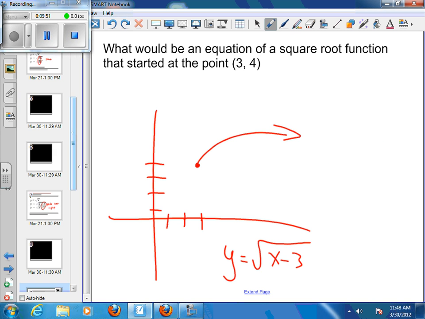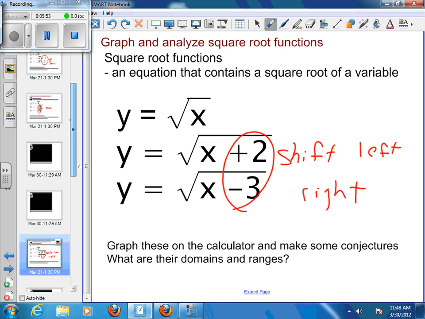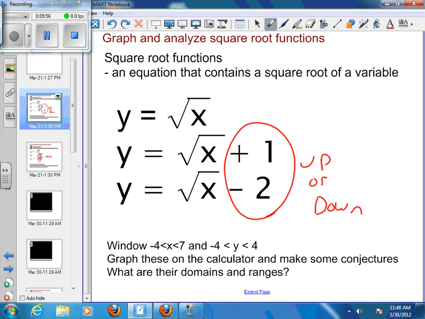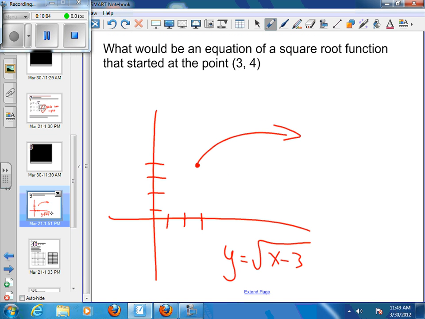If we look back here, this is where we moved it up and down, and that was outside our radical. And adding 1 moved us up, and subtracting 2 moved it down, so it's just like you would think of it normally. So we want to move it up 4, so then outside my radical, I would go up 4. So that equation right there should move and have a shift where my starting point would be at 3, 4.